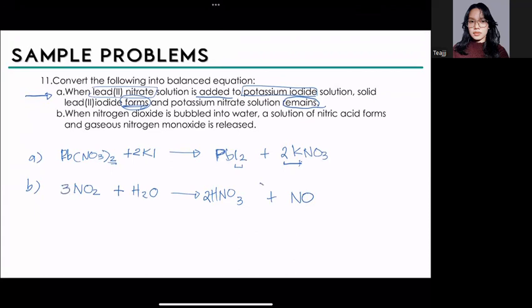So you had 3 and here. And then afterwards, let's look at the oxygen. So you have 6 oxygens left plus 1. So that's 7. Now you also have 2 times 3 plus 1 is equal to 7. So balanced na pala. Okay, so that's our final equation for letter B.